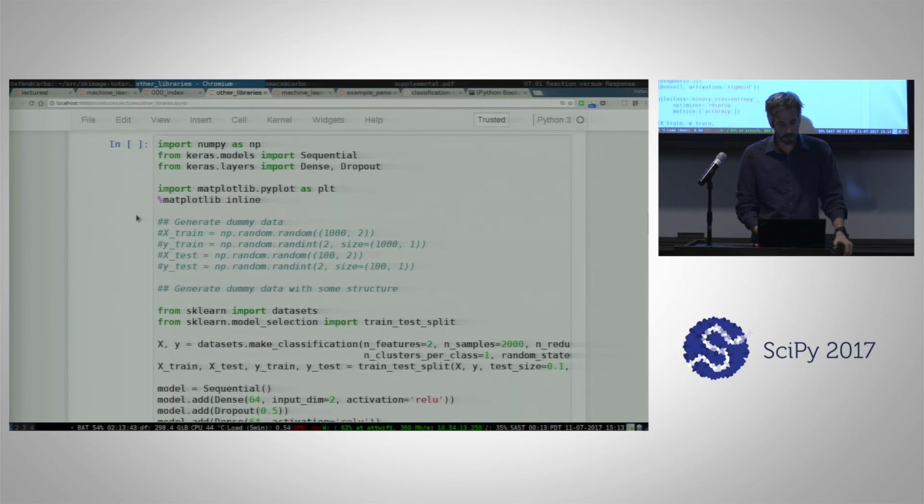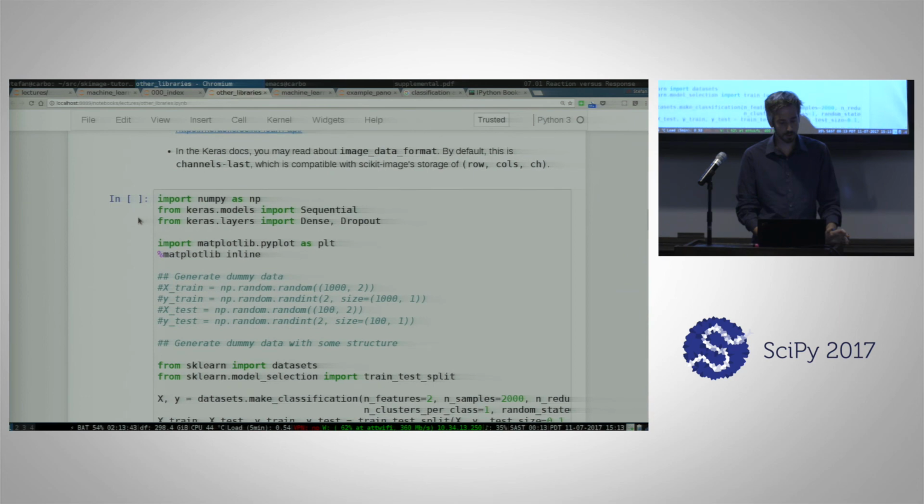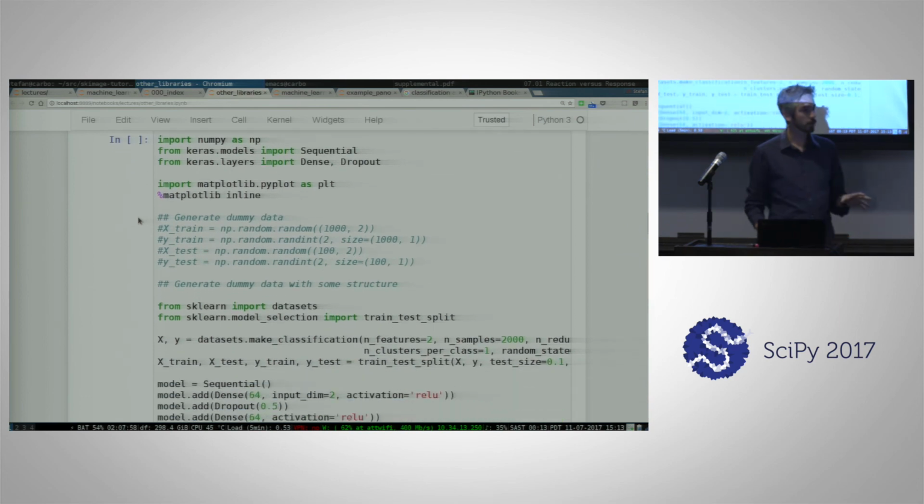So I'll just show you how the code looks in Keras, and what I'm going to do in this example is very simple. I'm going to generate a dummy data set, and it consists of 2 classes, 2 blobs, and I'm going to train a classifier to classify it. I'll first train a neural network. It's a very simple neural network. It just consists of a few standard layers.